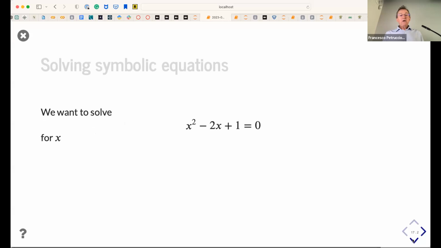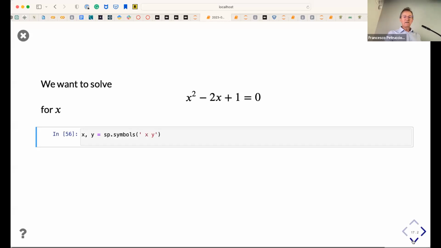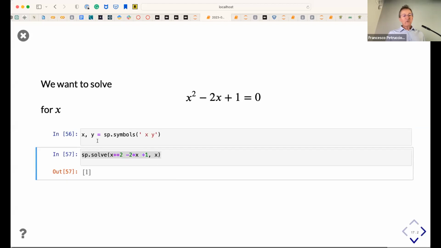But anyway, let's assume you have a quadratic equation. You probably all learned it at school, but sometimes you forget the formula, and you want to solve it for x. Nothing more simple than that. Sorry, forget about the y, we don't need it.